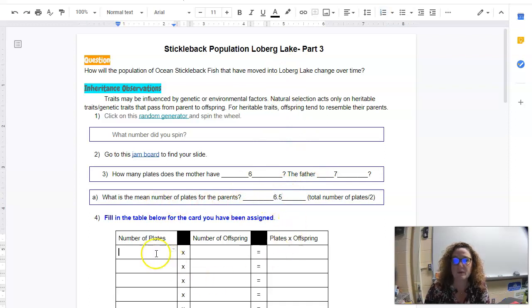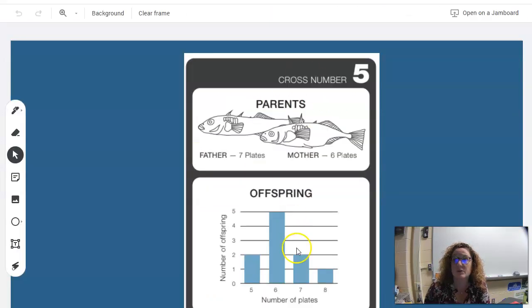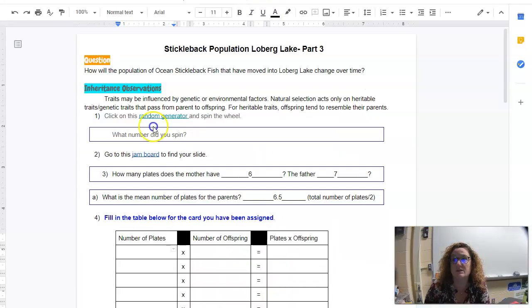Then the offspring information is going to come from your graph. I have 2 offspring with 5 plates, so I would put this on my table. The number of plates is 5, times 2 offspring, and that equals 10.